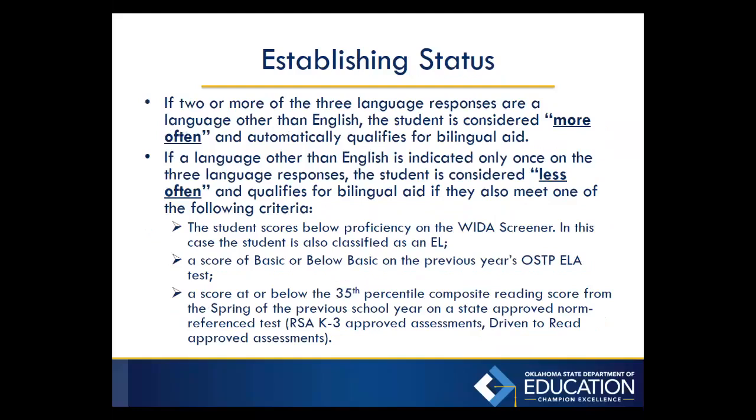So if they answered a language other than English once and the student scores below proficiency on the WIDA screener exam, in this case, the student is also classified as EL.